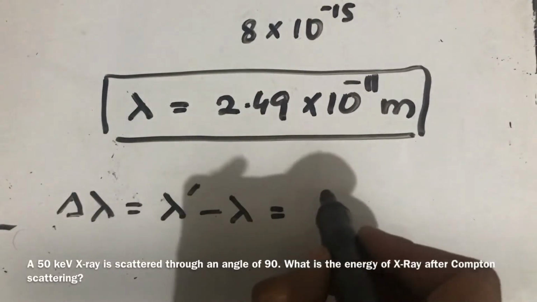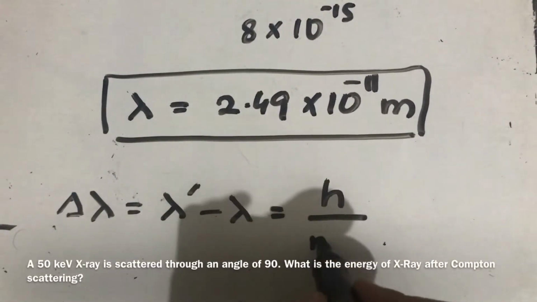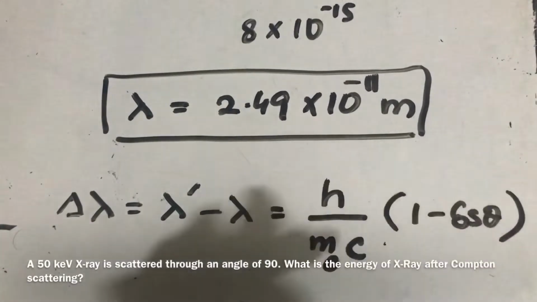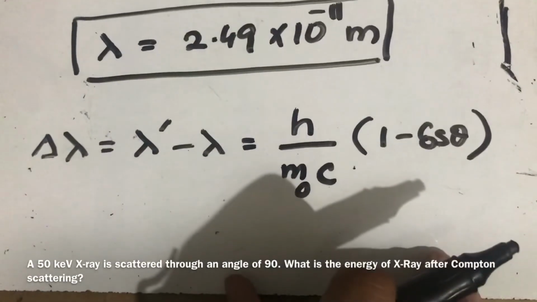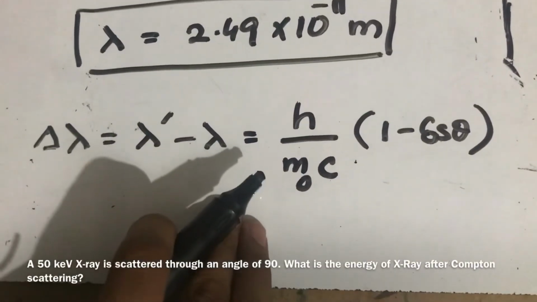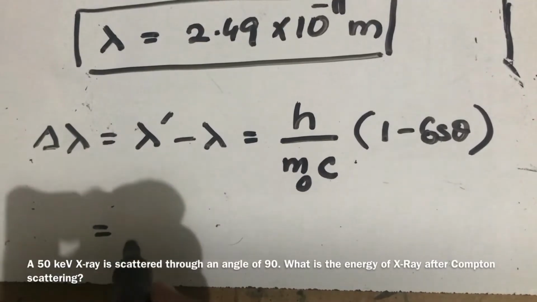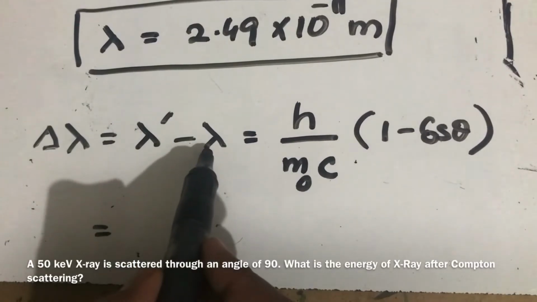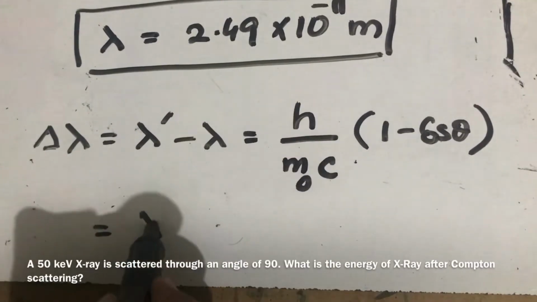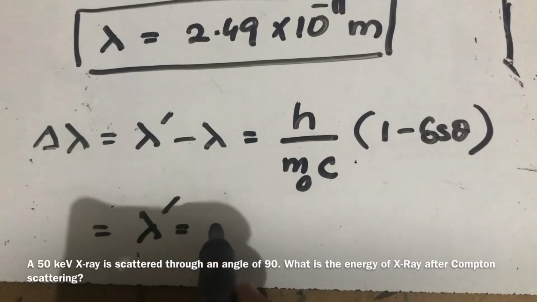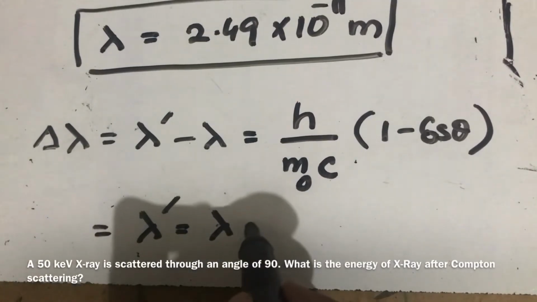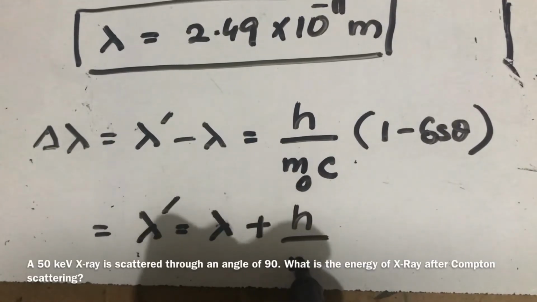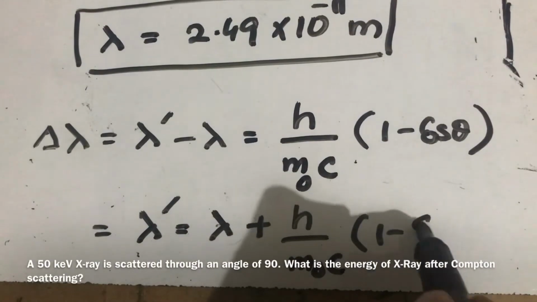So it is equal to h divided by m naught c into 1 minus cos theta. We have to find lambda prime, so shifting lambda to this side, lambda prime is equal to lambda plus h divided by m naught c into 1 minus cos theta.